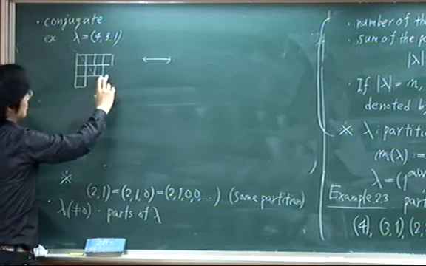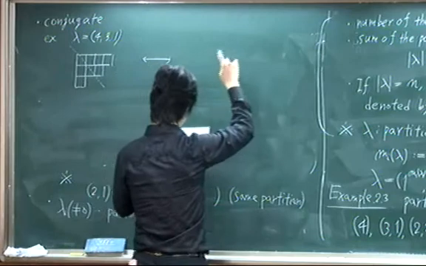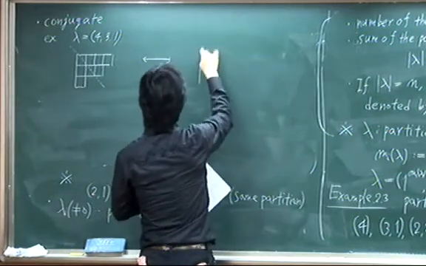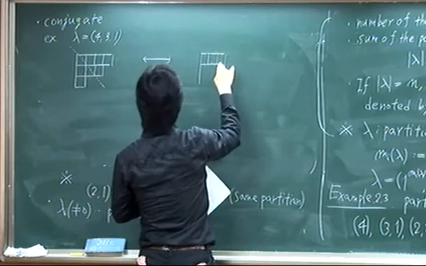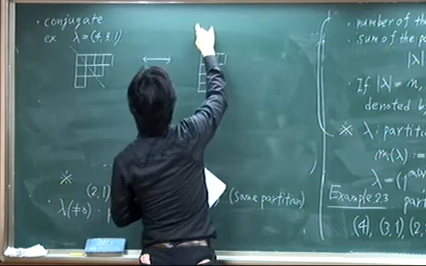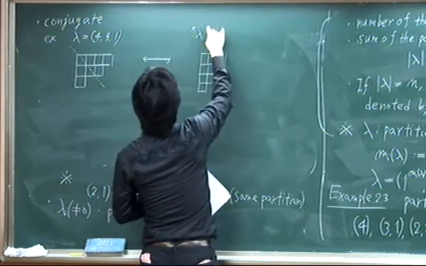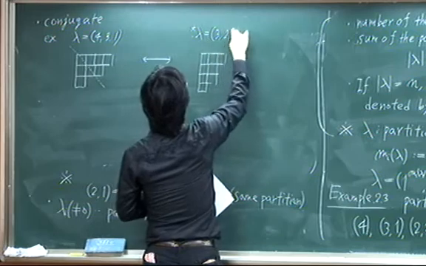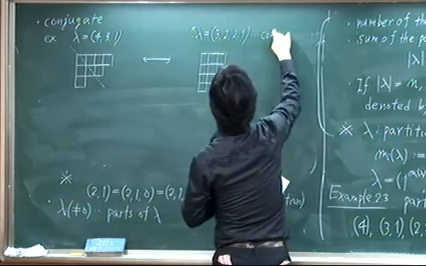Reflecting along the main diagonal, we get 3, 2, 2, 1. So the conjugate partition is 3, 2, 2, 1, the conjugate of lambda.